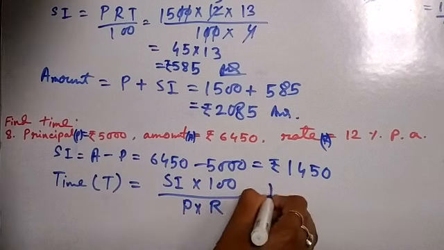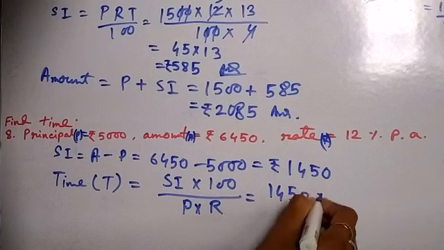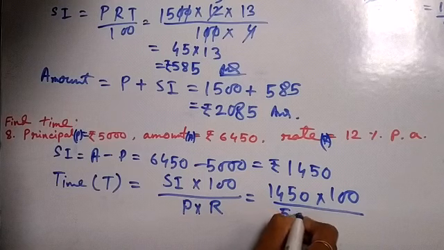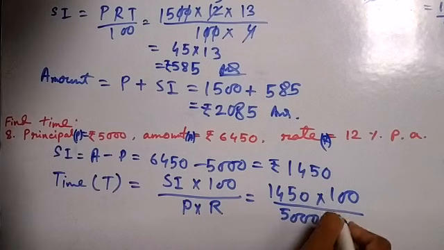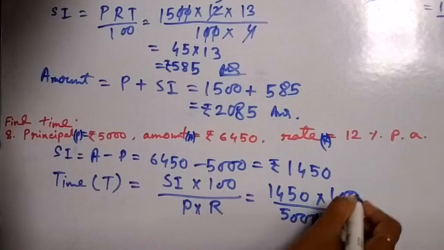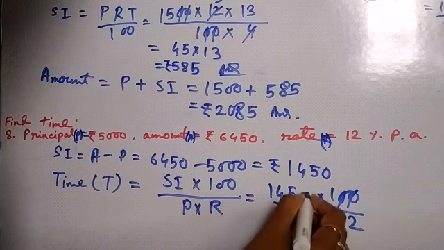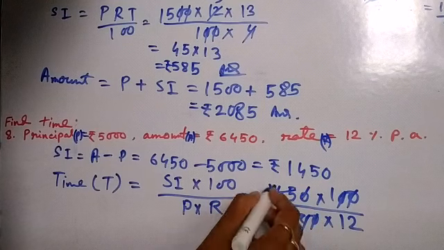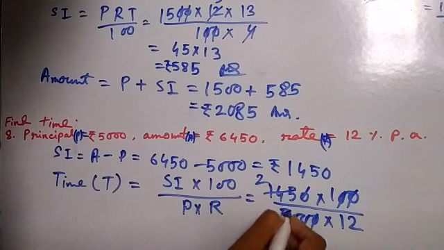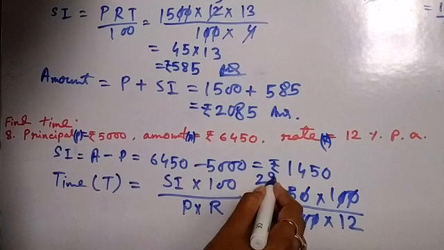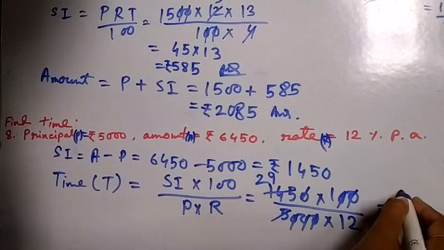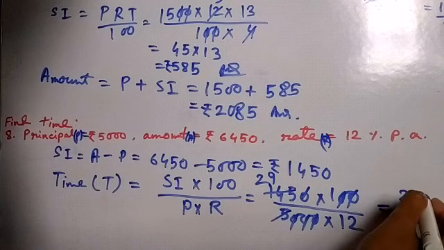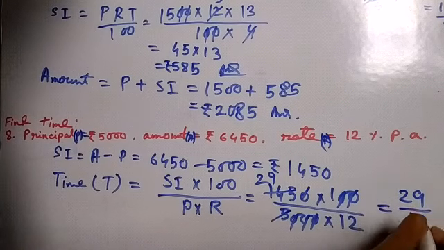So SI is 1450 into 100 divided by principal is 5000 and R is 12%. So zeros will be cancelled. Then by 5 it can be divisible. So 5 2s are 10, 5 9s are 45. That means 29 by 12.